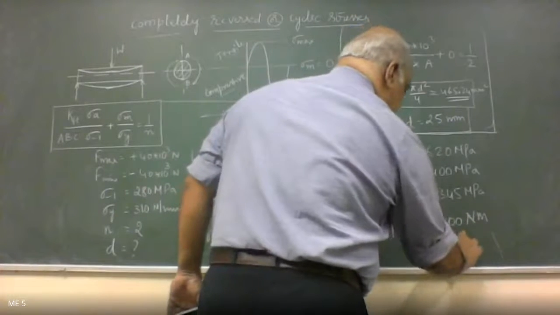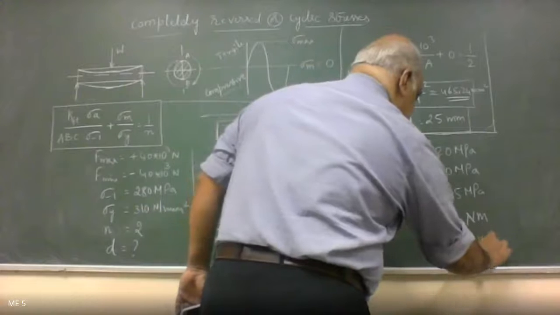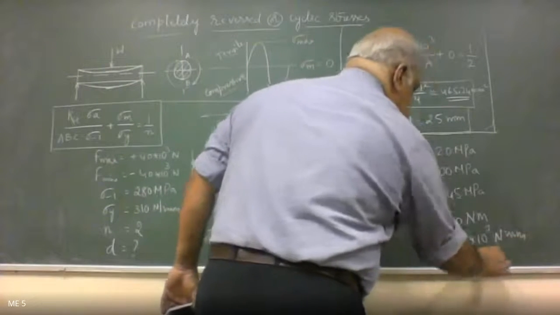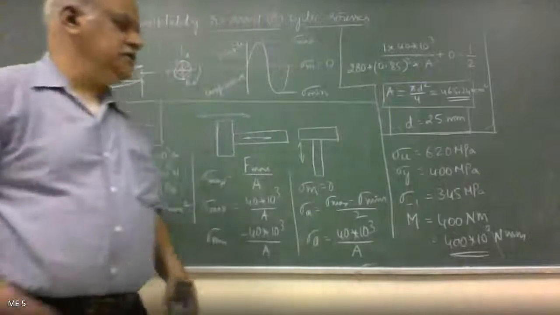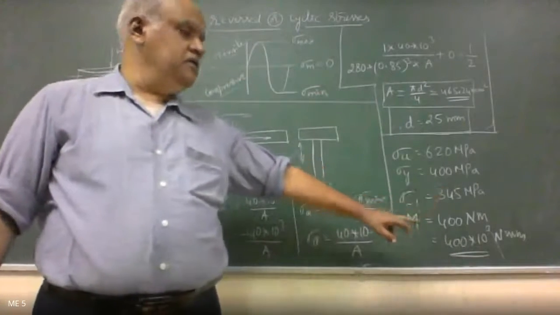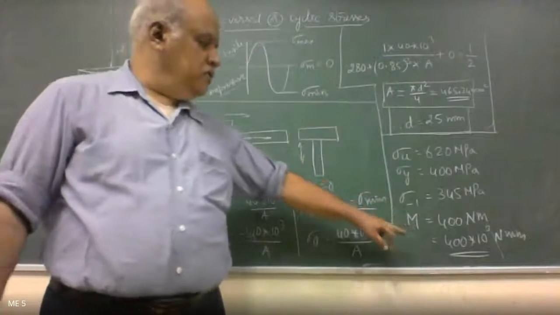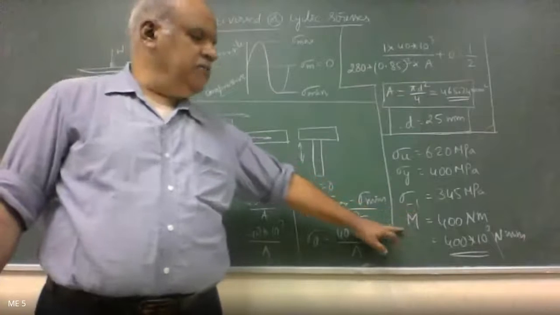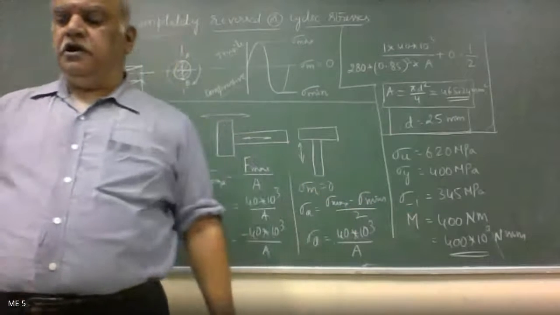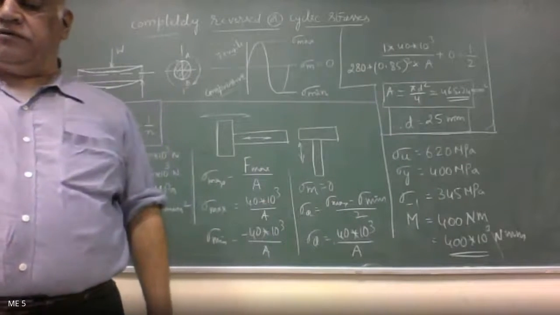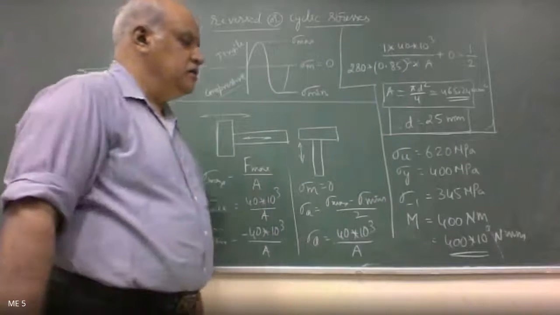That is 400 into 10 power 3 Newton millimeter. So therefore, your Mmax is going to be plus 400 into 10 power 3. M minimum will be minus 400 into 10 power 3. Full stop. Determine the diameter of the rod required.